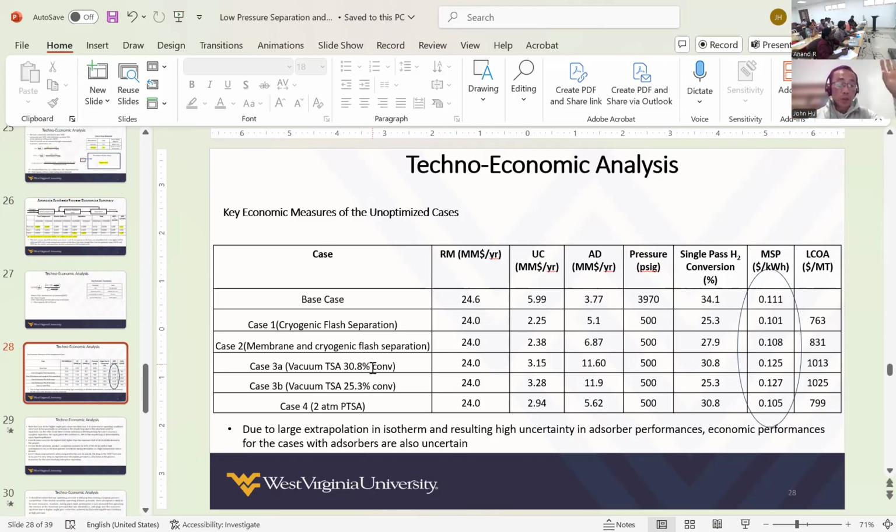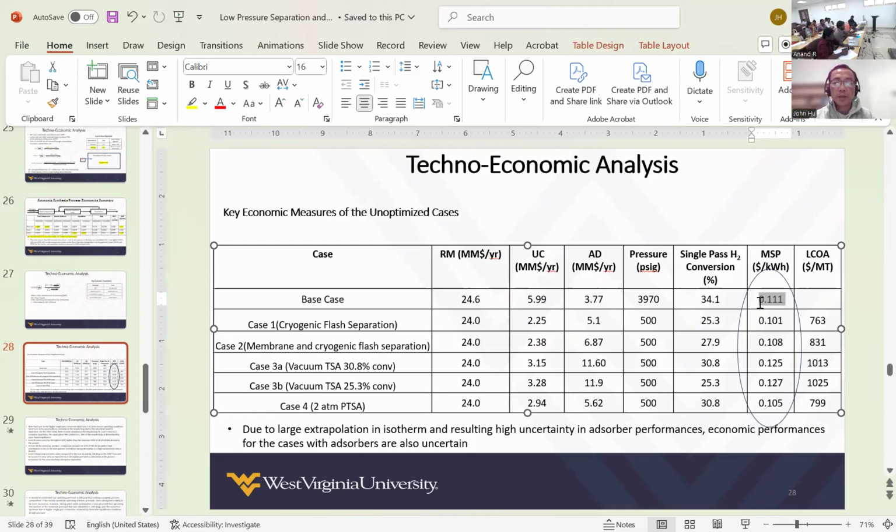We put all these cases with the base case together, and then look at the MSP. So typically the rule of thumb, the base case for the ammonia synthesis is about 11 to 13 cents per unit of ammonia. Okay, so let me interpret this. See my yellow highlight?